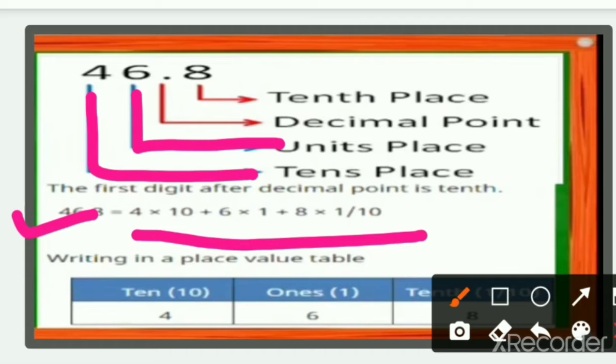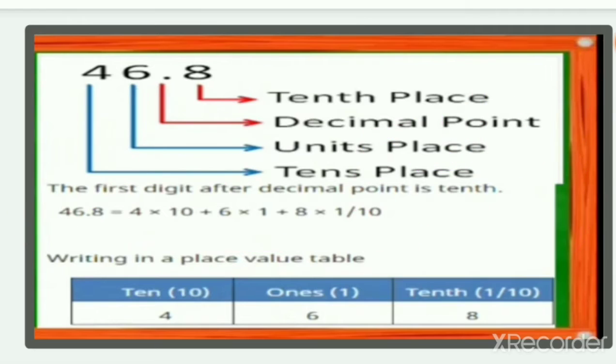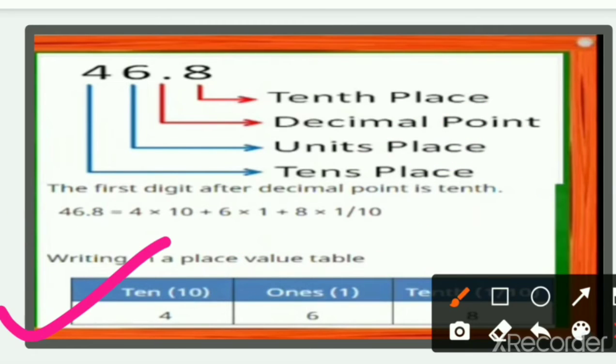It means 8 is multiplied with 1/10, so it will be 8/10, right? Now we solve completely, and we will get 46.8 only. So the representation will be like this: in the tens place 4, in the ones place 6, and in the tenths place 8.